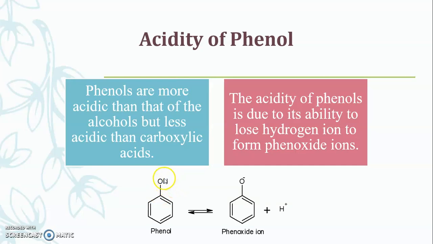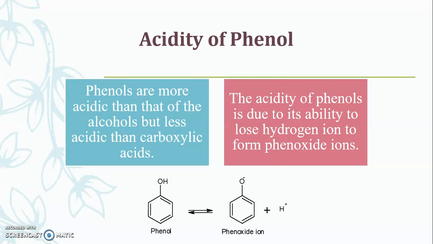So what happens? This hydrogen is easily lost from the oxygen atom, due to which phenols are easily converted into phenoxide ion and the hydrogen ion. And as you see here, as this phenol donates the H plus ions, they are considered as acidic compounds. Means acidity of phenol is due to its ability to lose the hydrogen ion and to form the phenoxide ion.